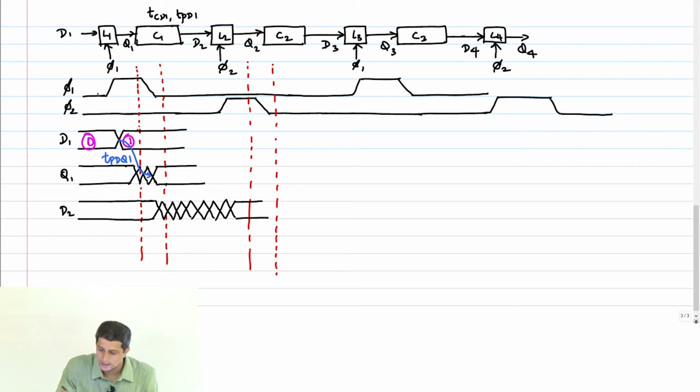Okay, and this delay is what? The propagation delay for block 1, TCD1, TPD1, correct? And this block is what? TCD2, TPD2, right?